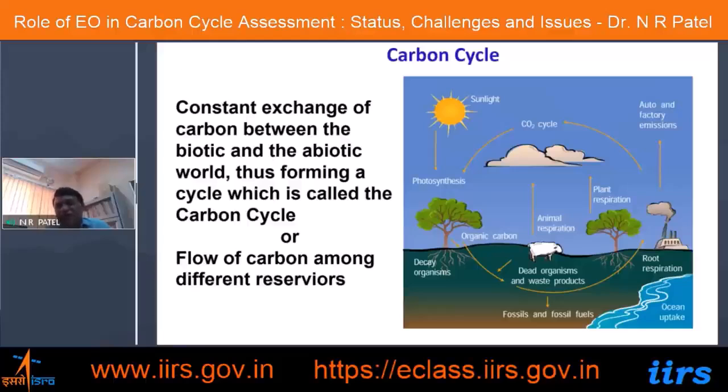These are the microbes called heterotrophs, heterotrophic bacteria, which cause decomposition of this substrate. As a result, whatever dead material is converted into CO2, and that CO2 is released to the atmosphere.